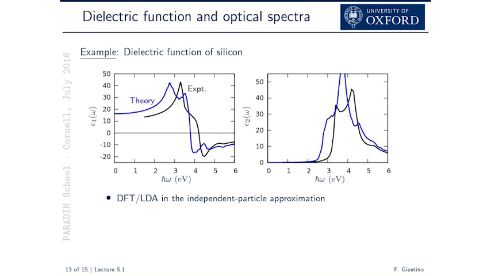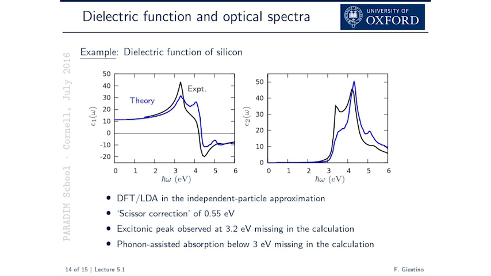Now, the interesting bit is that when you do that, the real part gets quite close to experiment, and the imaginary part in the same way. Now, the onset is almost perfect. This peak is captured. You have a little bump here, which is there. So with this little trick, you can go a long way to match the experimental spectrum.